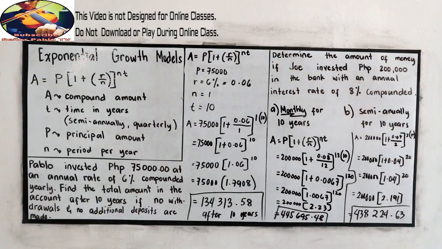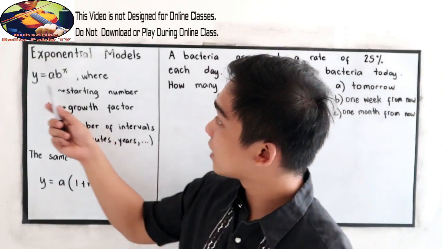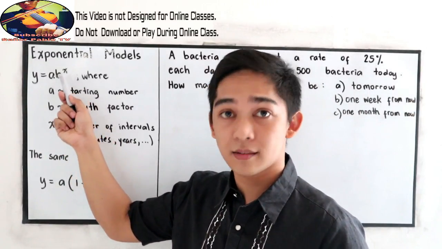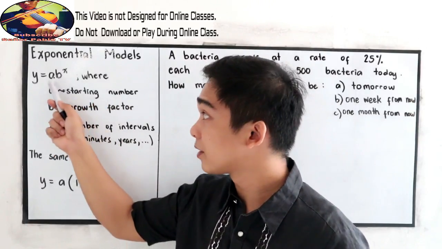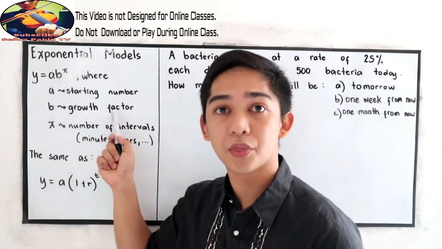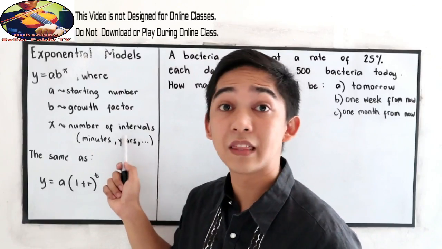For semi-annually. An exponential model can be modeled as y is equal to ab raised to x, where a is our starting point, b is our growth factor, and x is the number of intervals.